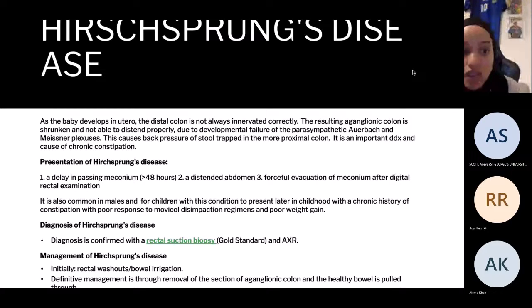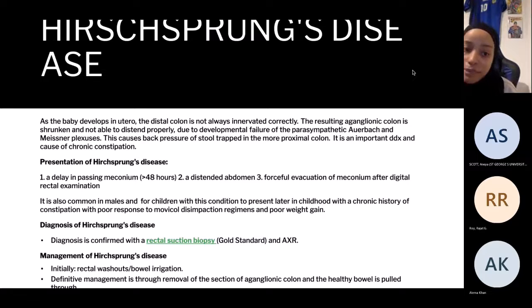So the presentation of Hirschsprung's disease. It's a delay in passing meconium for more than 48 hours. You usually will get a distended abdomen and forceful evacuation of meconium after digital rectal examination. That's so important. It's something they might put in the question.